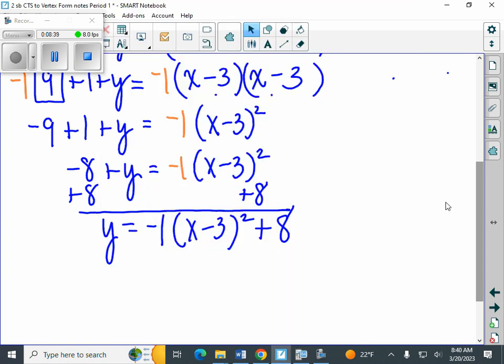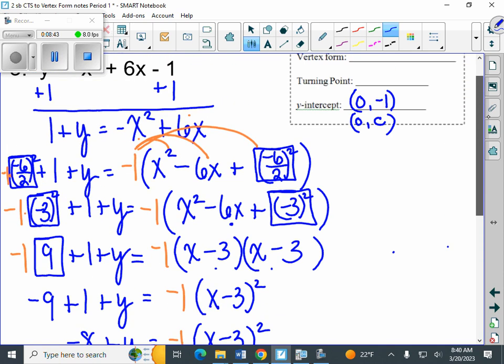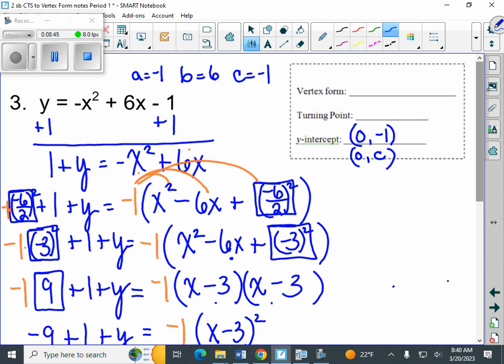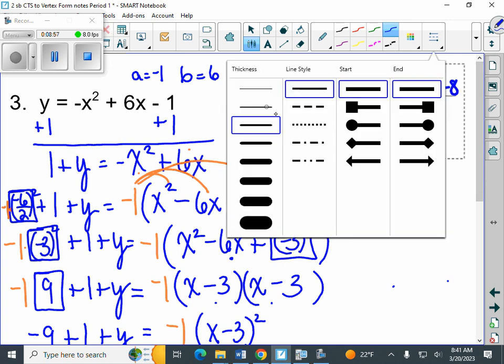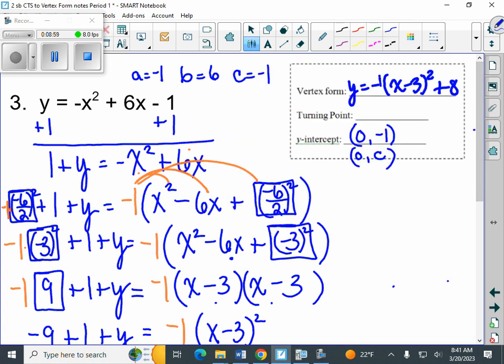So let's take that information now and go back and fill in the rest of our table. y equals negative times x minus 3 squared plus 8. And we actually wrote negative 1, so I'll put that in there.